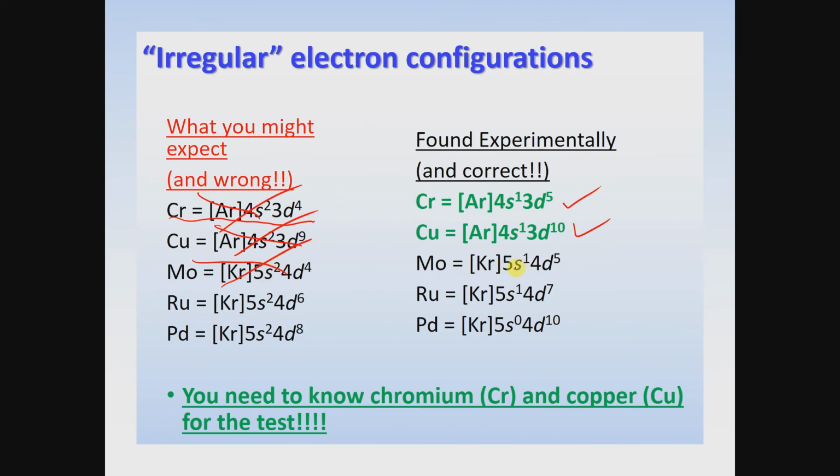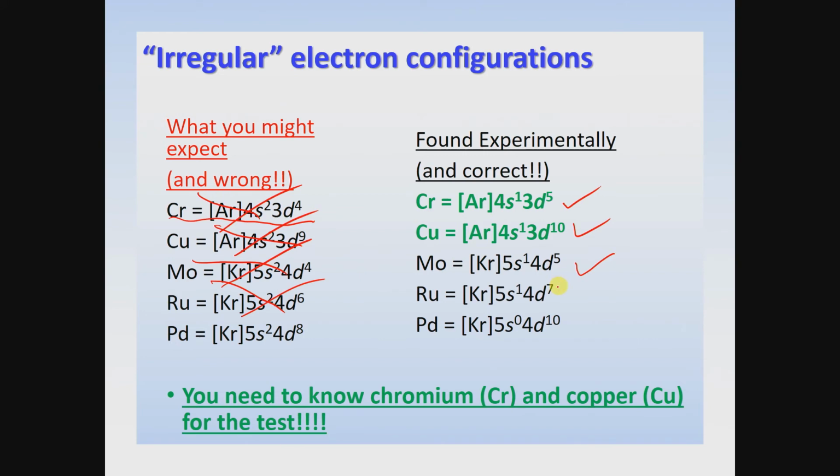And so that electron leaves the 5s and goes into the 4d, and so now the 4d sublevel with 5 electrons is half-filled. So you also have weird ones like ruthenium, and so here 1 electron from the 5s is removed to go into the 4d, but it doesn't even half-fill it. It still happens.